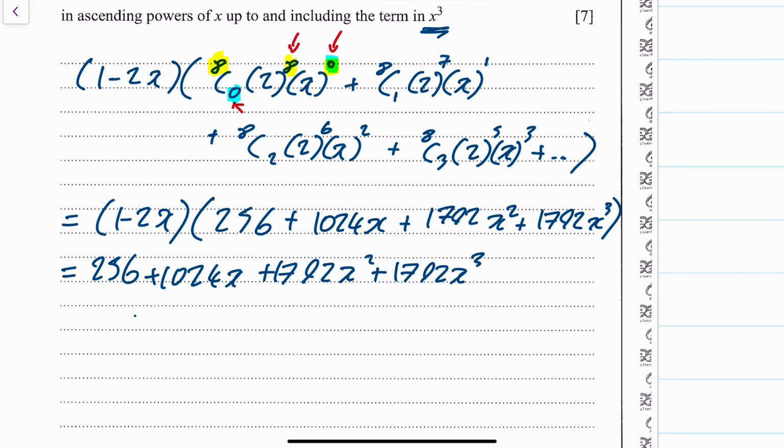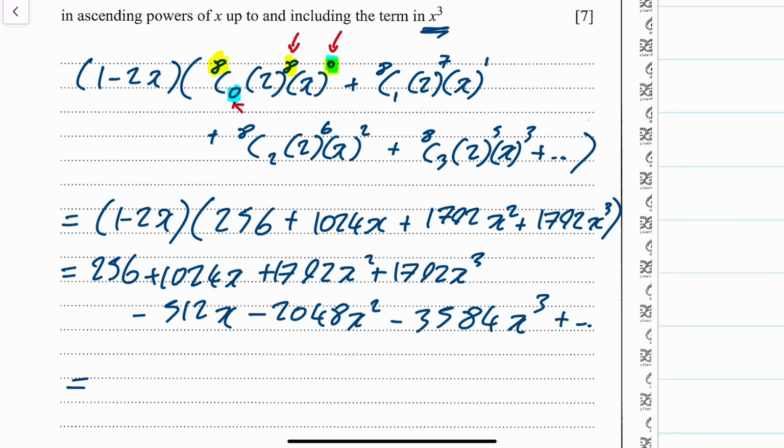And then multiplying by minus 2, you'll have minus 512x, and then minus 2048x squared, and then minus 3584x cubed. We would also have an x to the power 4 term, but we don't need to worry about it. So we tidy these up. You're going to have all of your numerical terms. First of all, you've only got one, you've got 256. Your x terms then, you've got this one minus this one.